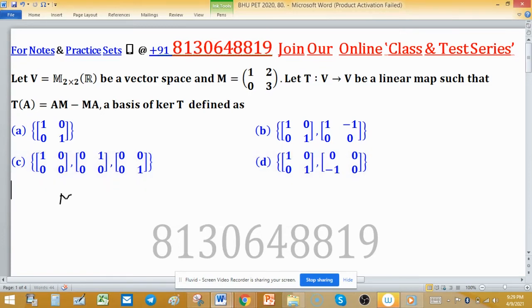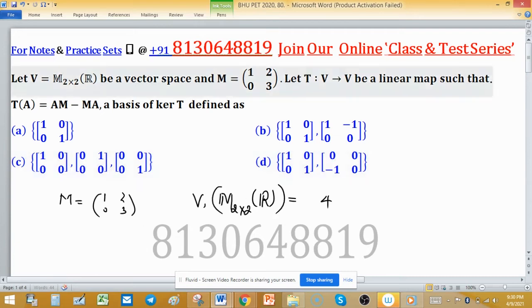As matrix M is given, 1 0 2 3, and V is the vector space M2 by 2 over R, and the dimension of this vector space V is 4.